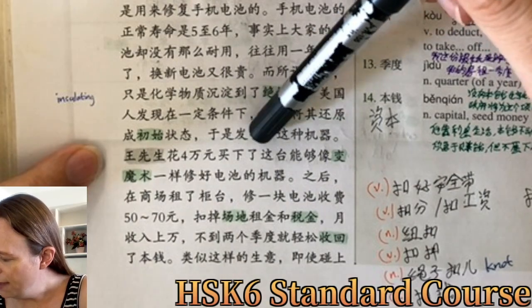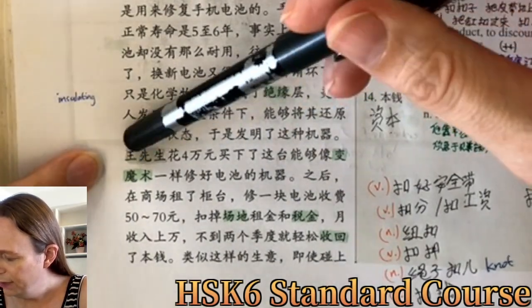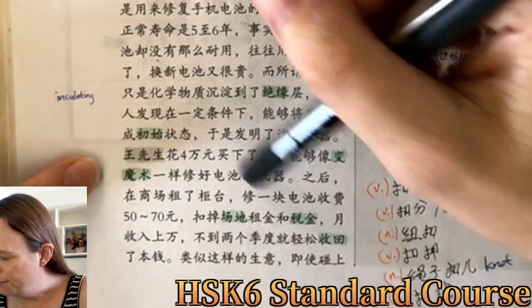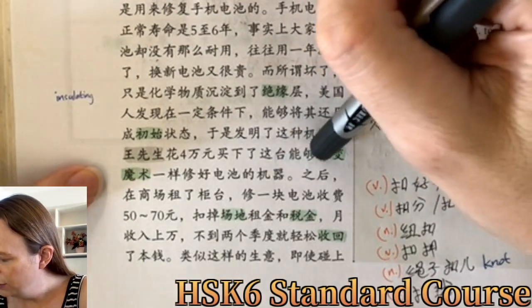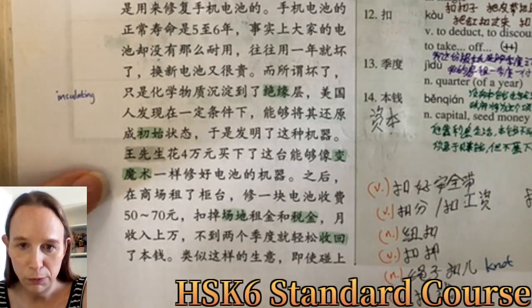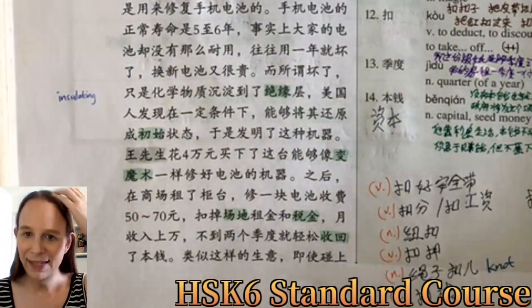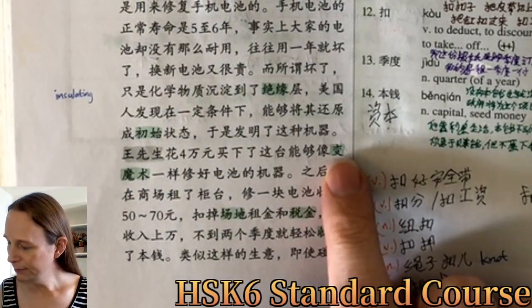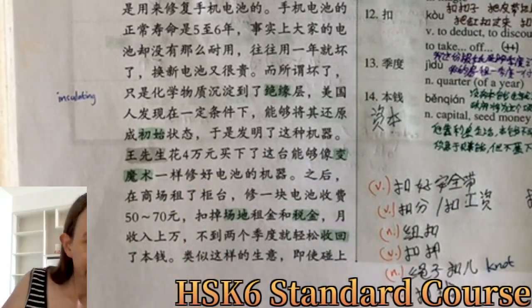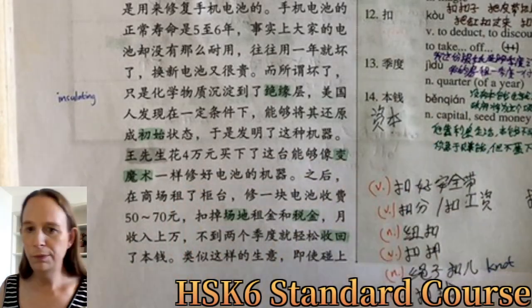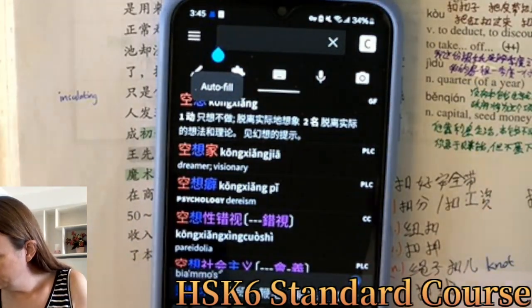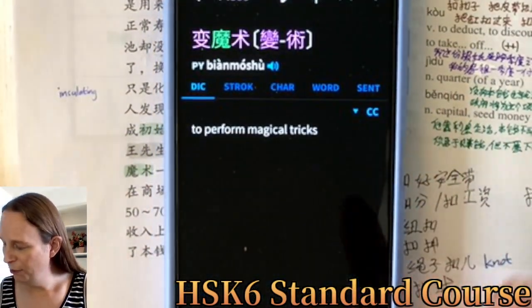于是发明了这种机器，王先生花4万元买下了这台能够像变魔术 I think the 变 is cast a spell here. 变魔术一样修好电池的机器，也变魔术。I think it means to cast a spell. Perform magic tricks.